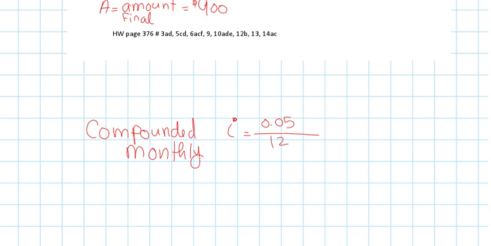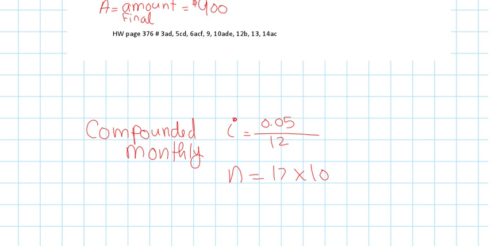If it's monthly, 12 times 10. So that makes your N 12 times how many years you put it in, right? Because they're going to give it to you every month. So whenever I have compounded monthly, I divide my I by 12, and I multiply my N by 12.